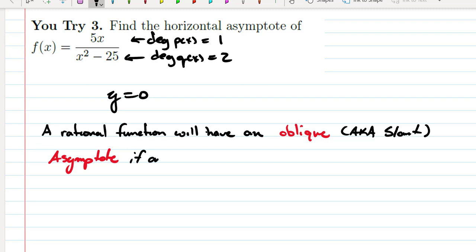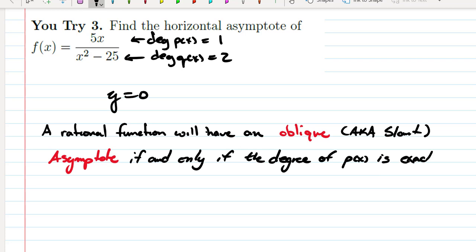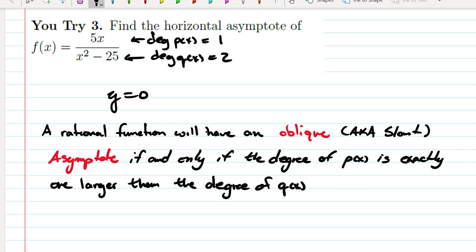if and only if the degree of p of x is exactly 1 larger than the degree of q of x.